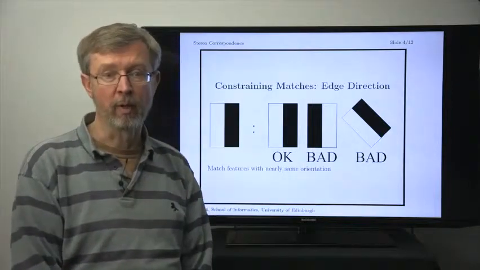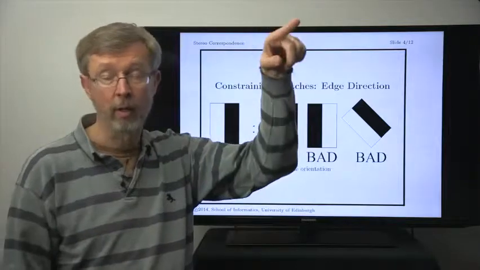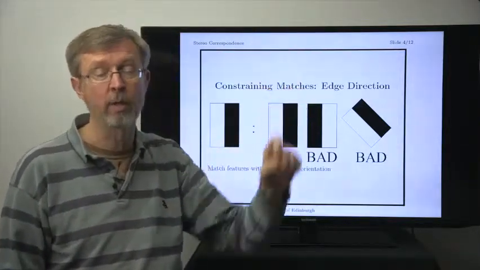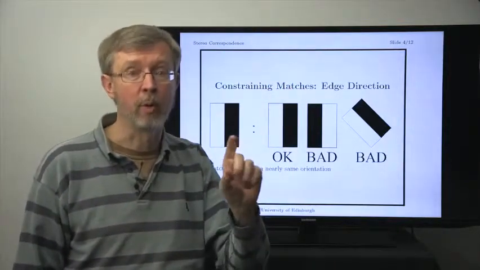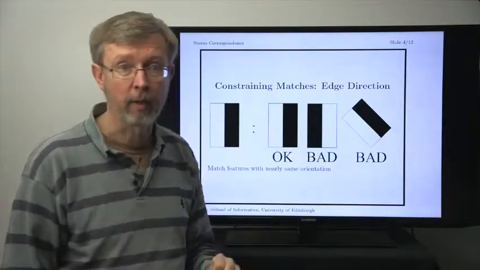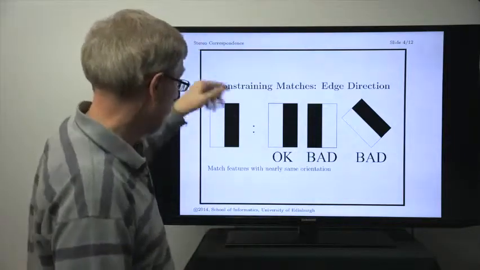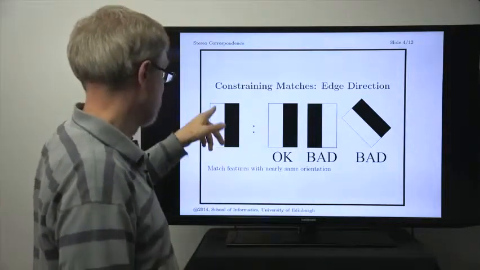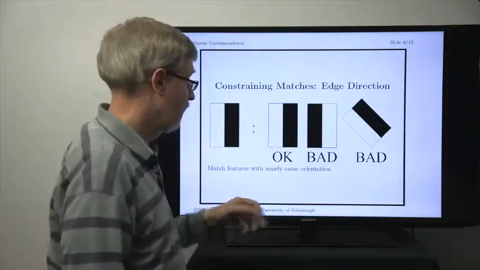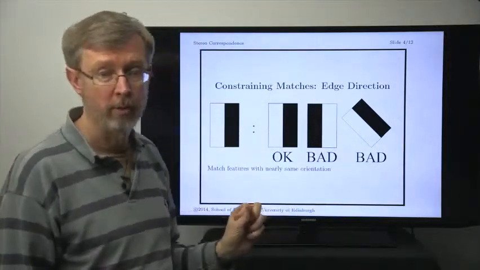So here's an example of one of these constraints. It's called edge direction. This could apply to long edges like we've used, or long lines, or alternatively it could apply to small little edge fragments or SIFT features as well, if you allow orientations in there. So here's a feature in the left image, light on the left and dark on the right. And here are three potential matching features in the right image.